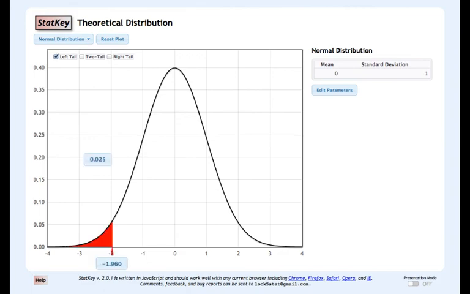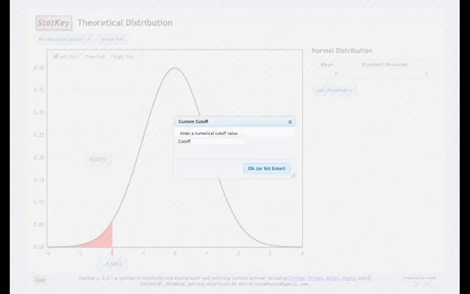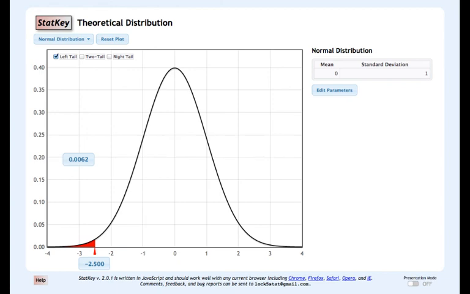Or similarly, we can do left tail and then fill this in as a negative, whatever value we want to try out, negative 2.5, and see what the area is under the curve if we are 2.5 standard errors below our null parameter.